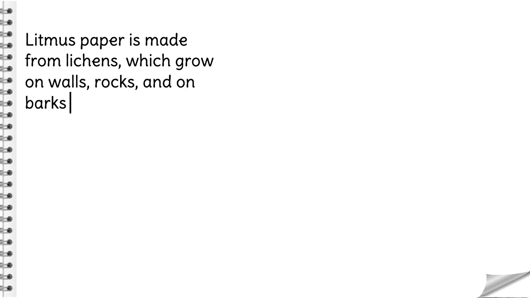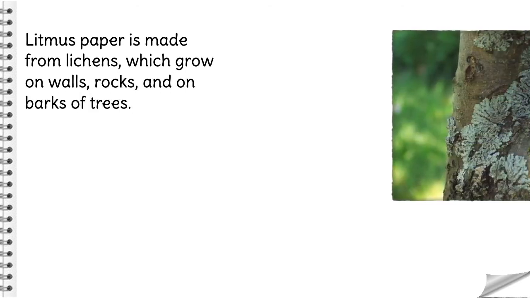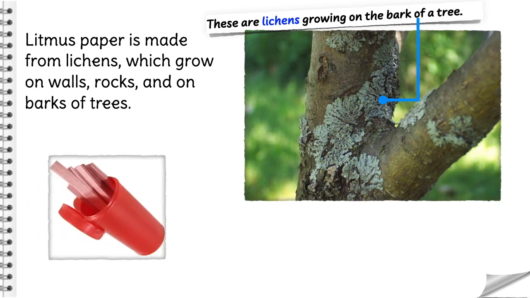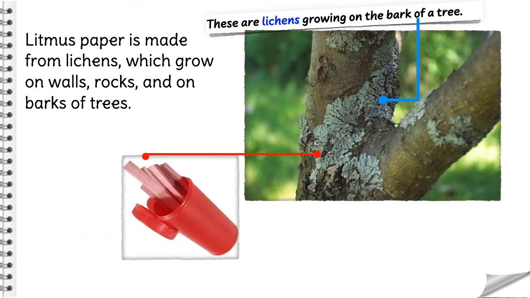Litmus paper is made from lichens, which grow on walls, rocks, and on barks of trees. These are lichens growing on the bark of a tree. This is red litmus paper.